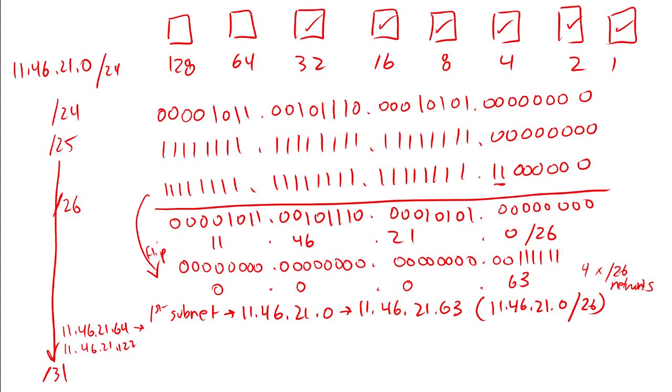So we could write this one out as 100001011 .64. Writing out 64 is basically just 1, so 01000000. And our subnet mask, which now is at /26.